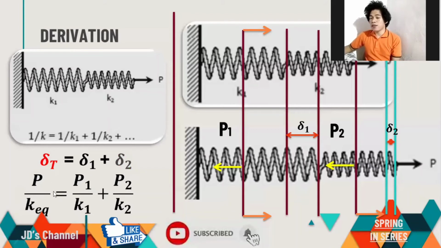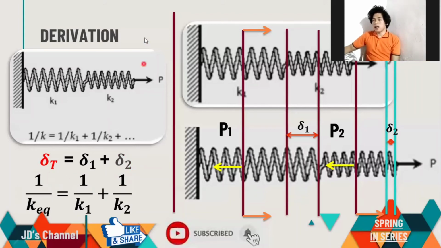So, now, meron na tayong value. So, yung value ng K natin is, yun nga, K is equals to P over ng delta. Okay? Tapos, ngayon, class, yung ating maging pattern is this one. Total delta is equal sa delta 1 plus delta 2.